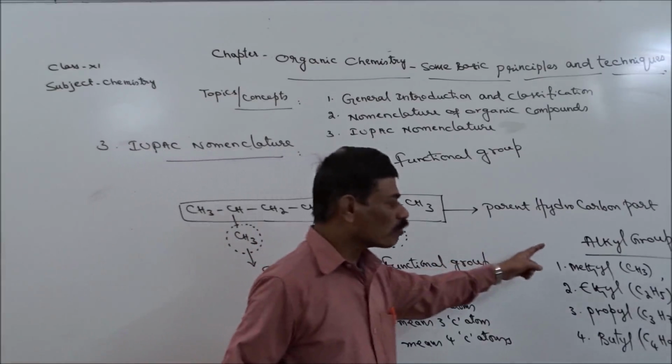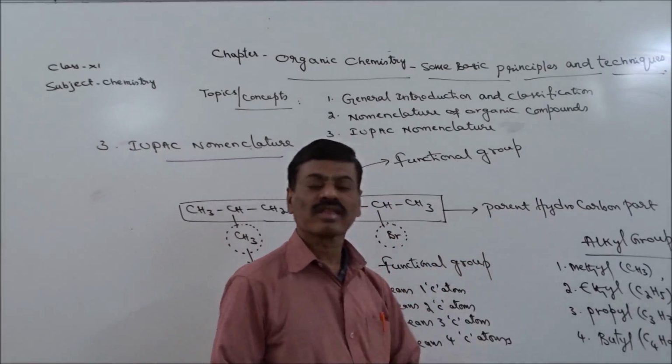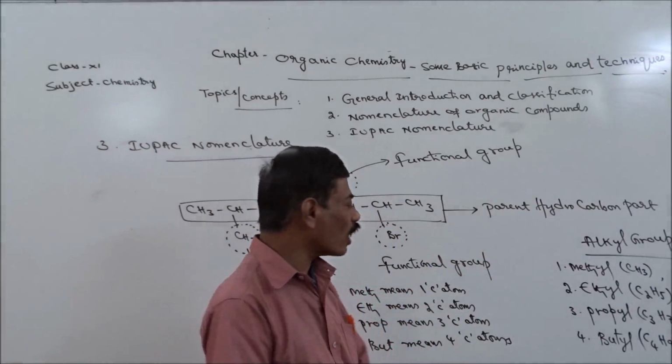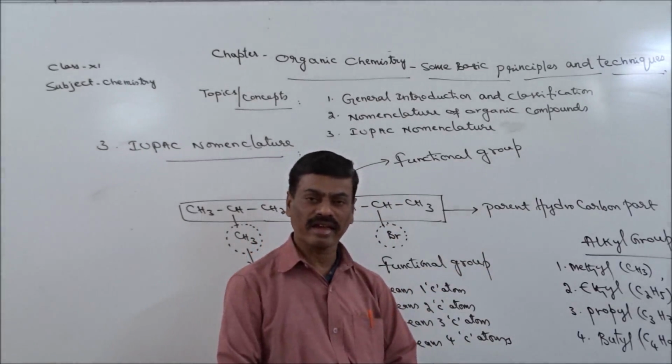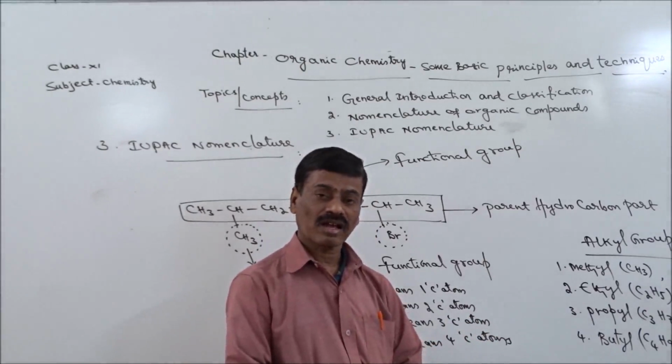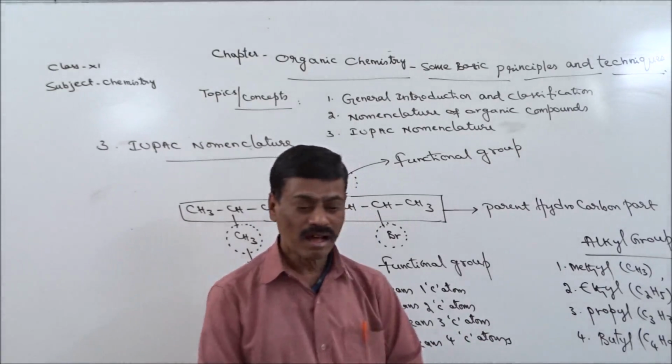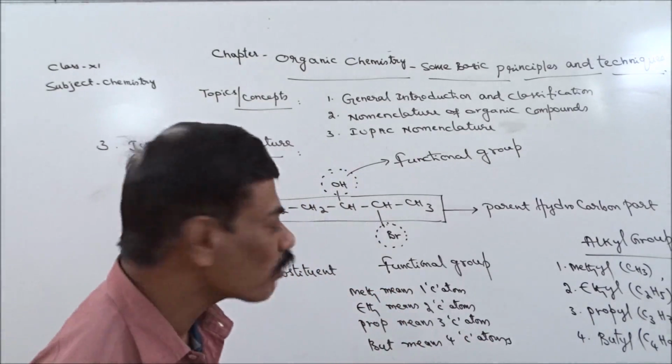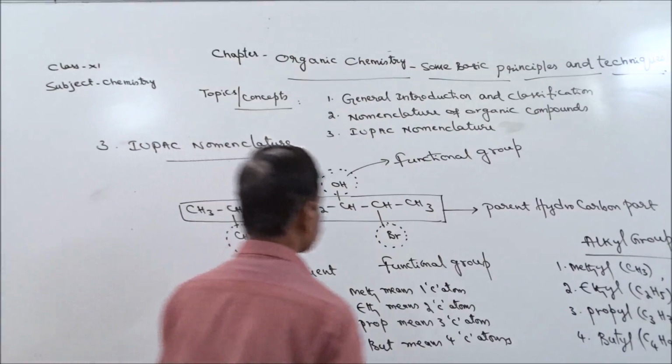So alkyl group. How do we get alkyl group? By subtracting one hydrogen atom from alkane. So alkane minus hydrogen atom is alkyl group. Let us see an example for that also.